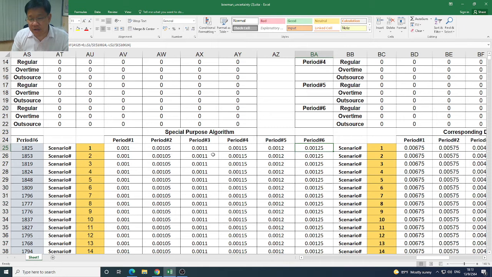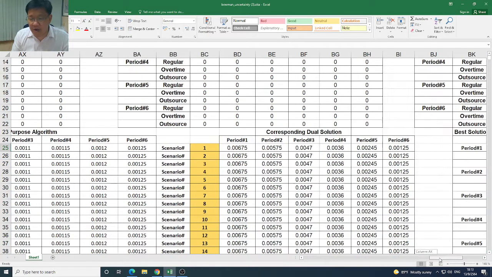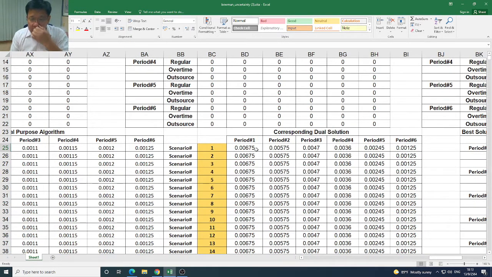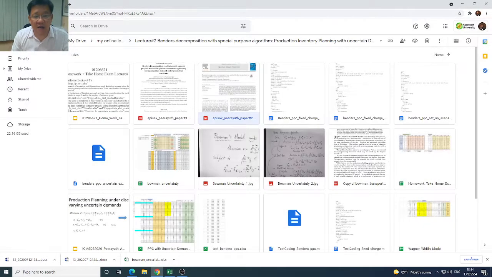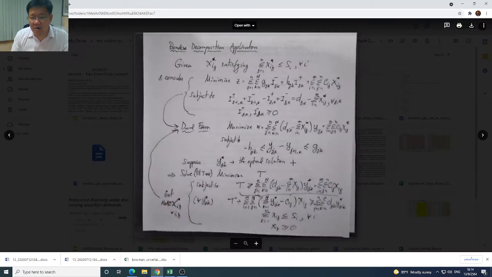So this one is the special purpose y, this one is u1 to u5 for scenario 1. And then this adjacent table here just finds the optimum y. Once you know the optimum y, you go back and take a look at the model of our Benders code here.